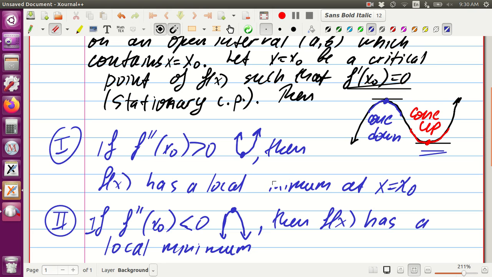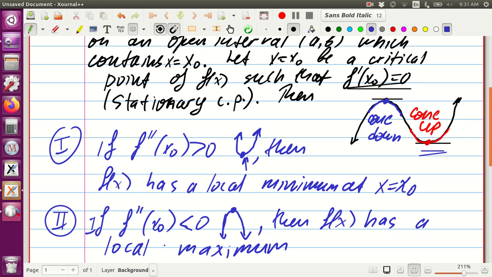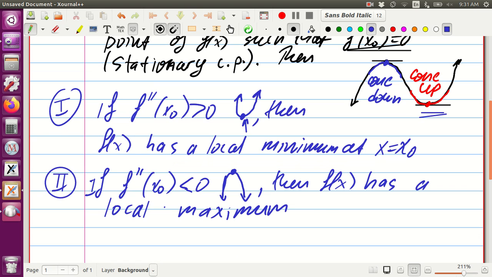So this one should say local minimum. Didn't do it right? We're on the bottom. So minimum, and this one should be on the top, which is local maximum. All right, so that's good that I saw the mistake. And at x equal to x sub 0.